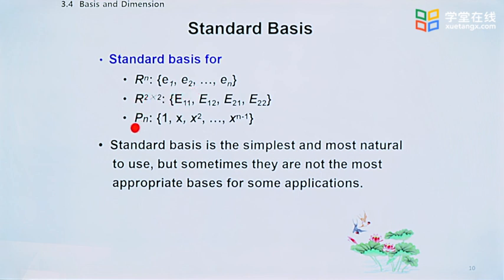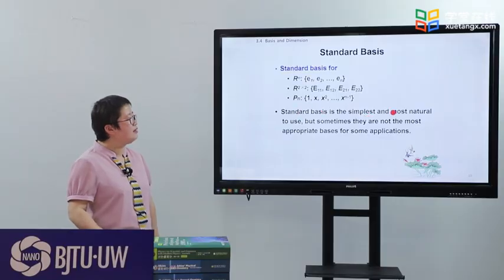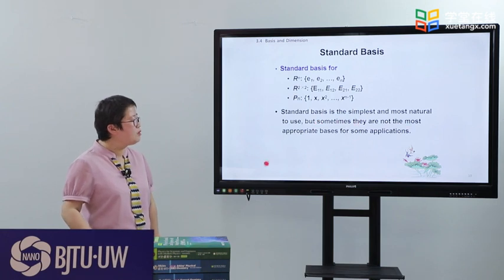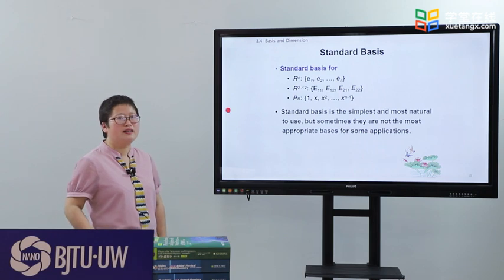Remember these vectors in the 2 by 2 vector space. And for the vector space of polynomials of degree less than n, the standard basis is 1, x, x power 2 till x power n-1. So these are the simplest bases and the most natural to use. But sometimes they are not the most appropriate basis for some applications.